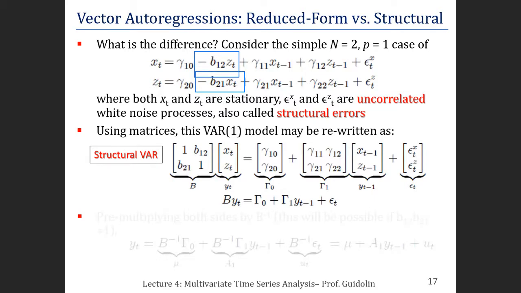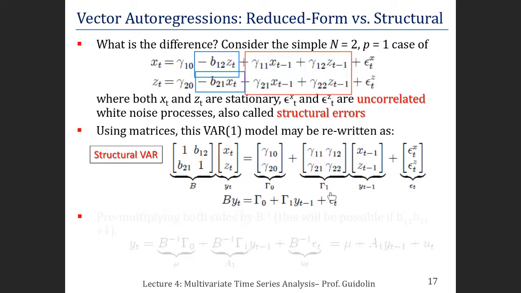All right. And many of you will recognize that this portion of the model can always be written as the product between a matrix with elements gamma 1,1, gamma 1,2, gamma 2,1, and gamma 2,2, and the vector that collects xt minus 1 and zt minus 1, which is what I've done here.